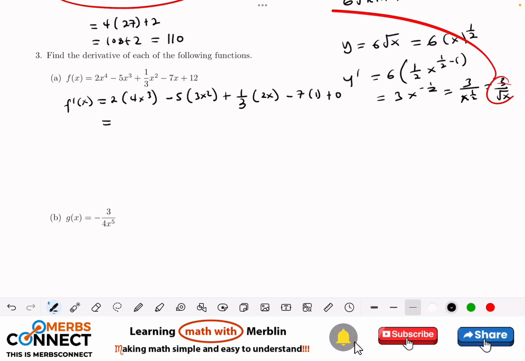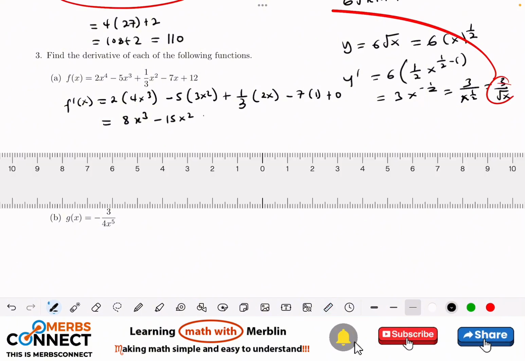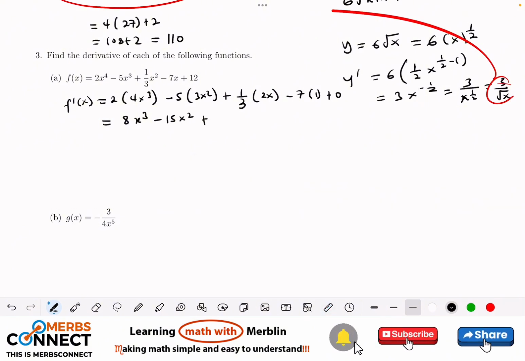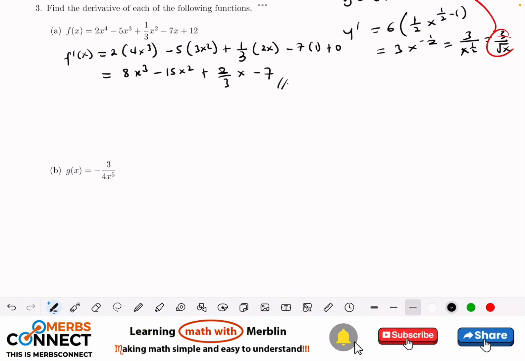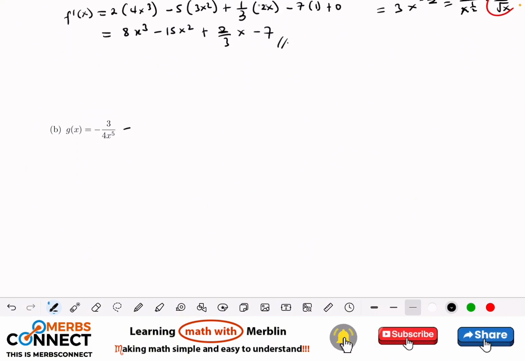So this is supposed to give us 8x to the power 3 minus 15x squared plus 2/3 x minus 7. So this will be the derivative for the first one. Now this one, for us to differentiate, we need to simplify it, right?